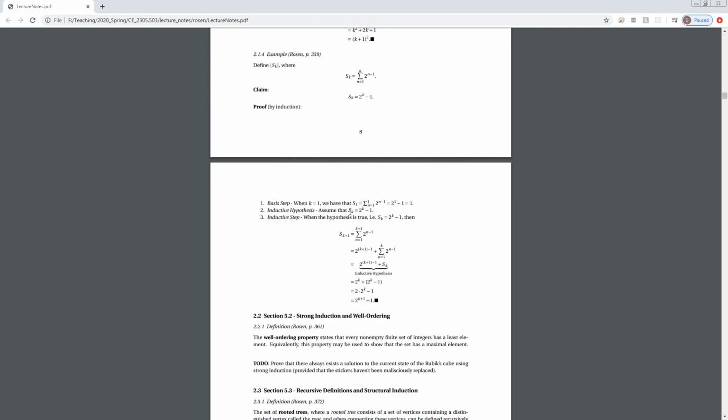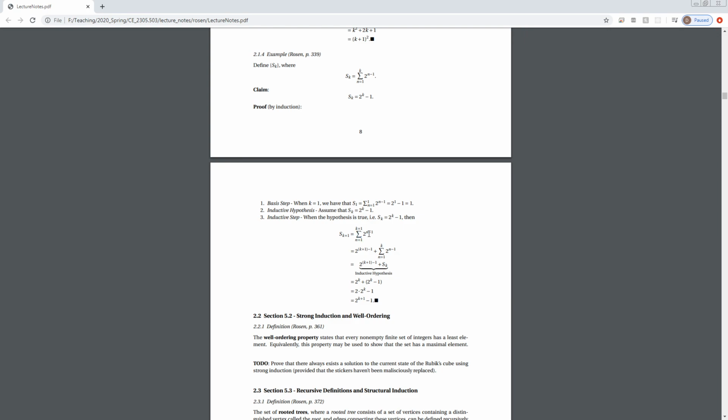We're already assuming this form, s sub k equals 2 to the k minus 1. And we show that if it's true for the first k, and we add one more term, a k plus first term, that we can recover the closed form. Right? So in the definitive form, as we have defined our sum, it looks like this.